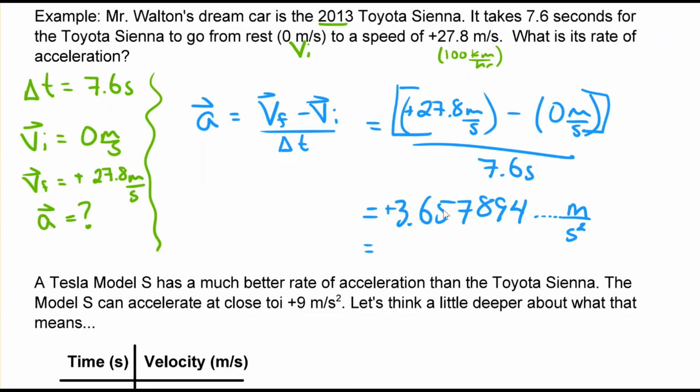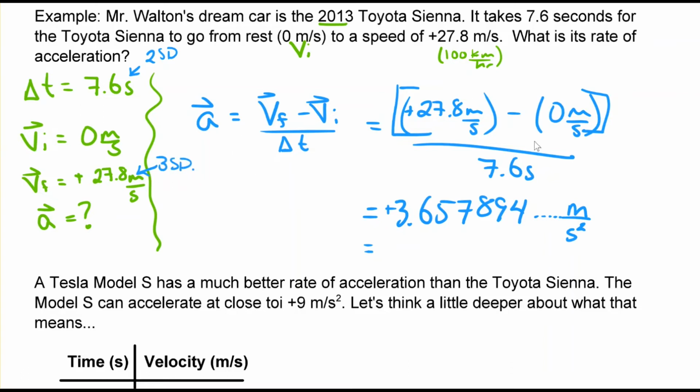Well, what's this answer to the appropriate number of significant digits? We had 2 significant digits in the 7.6. Here, 0, if you're starting at rest, that's a defined number, so that's infinite significant digits. And here, that's 3 significant digits.